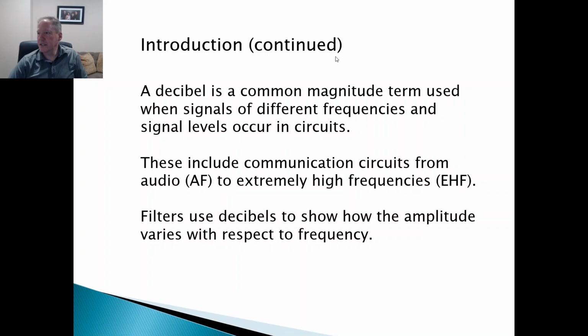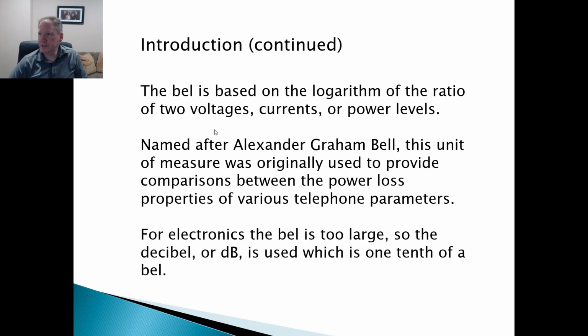And the decibel is a magnitude term when signals at different frequencies and signal levels occur in circuits. Now, the bell is based on the logarithm of the ratio of two voltages, two currents, or two power levels. It's named after Alexander Graham Bell, and for electronics, the bell is too large, so we're going to use the decibel, or 1/10 of a bell.